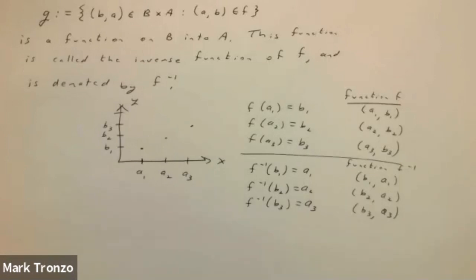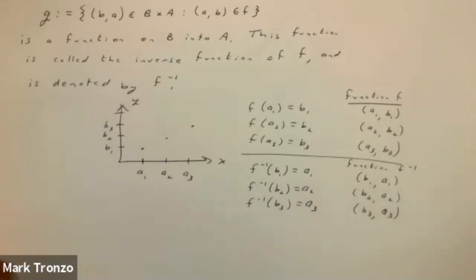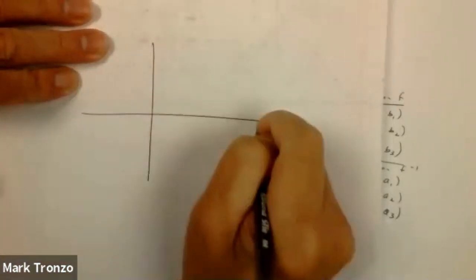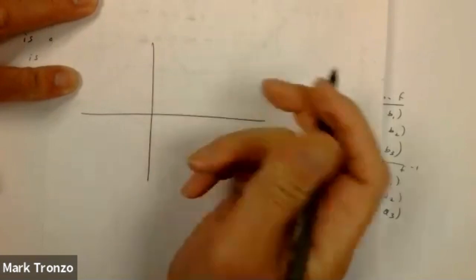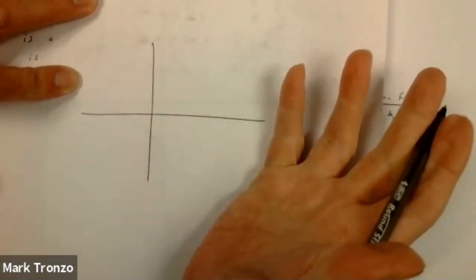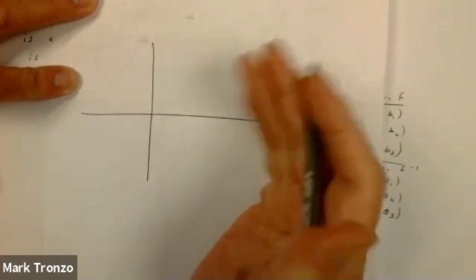So if it's not onto, then when you do the inverse function, you can't get anything out for certain values. We'll probably talk about this later.